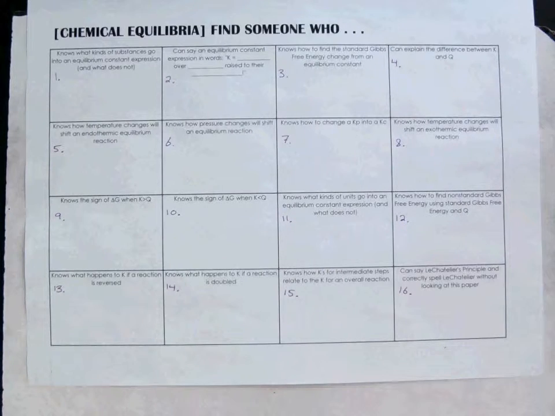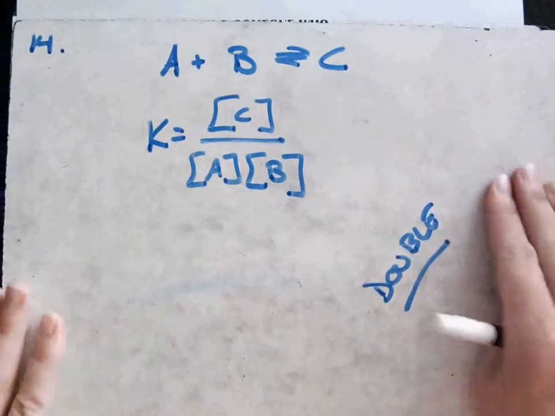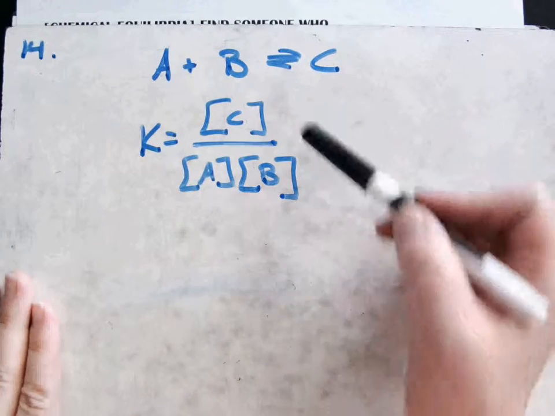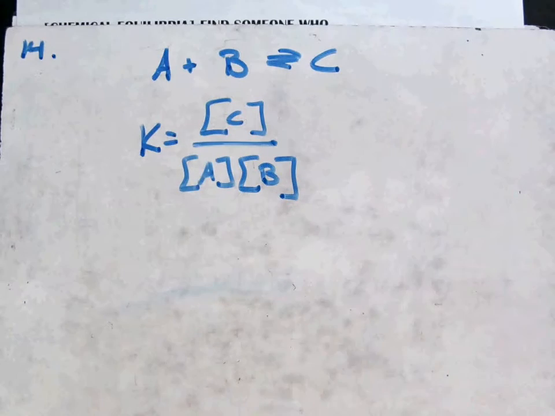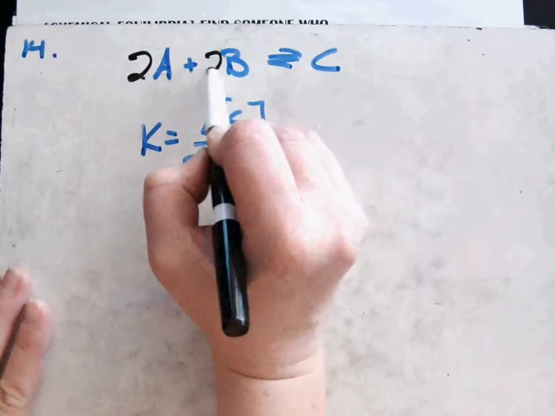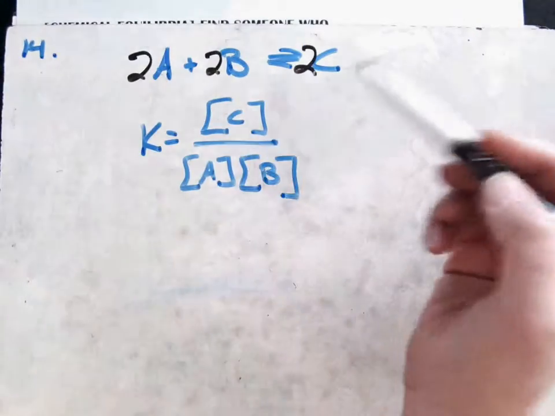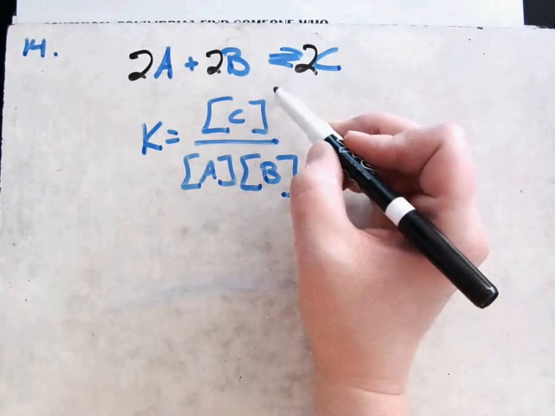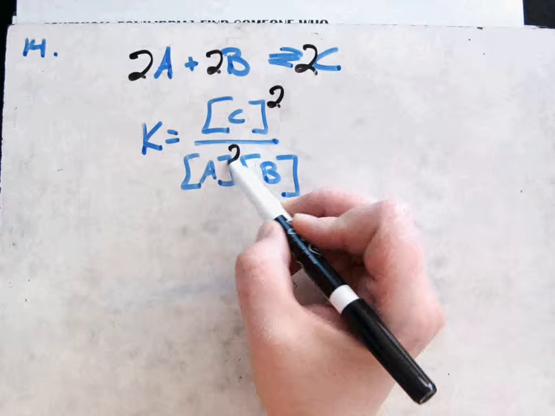Okay, what if you double your reaction? Here's a basic reaction. A and B are in equilibrium with C. C is a product, A and B are reactants. So there we go, products over reactants raised to their coefficients. Well, right now all our coefficients are 1. If I double the whole reaction, these are still my products, these are still my reactants, but I'm going to raise them to their coefficients.